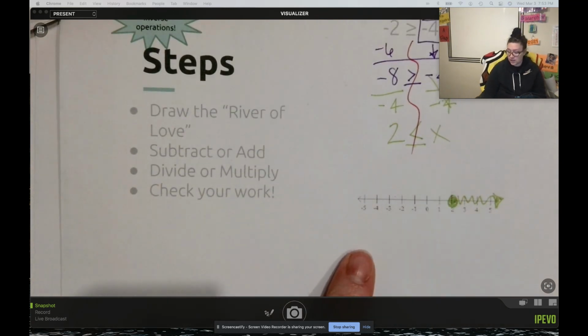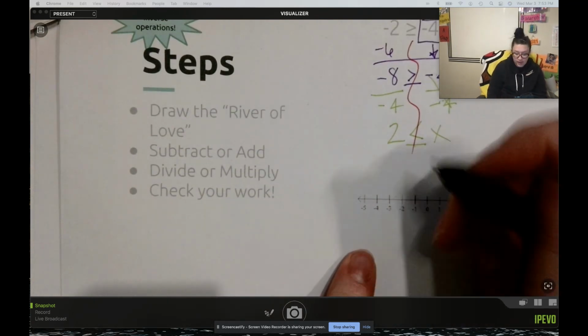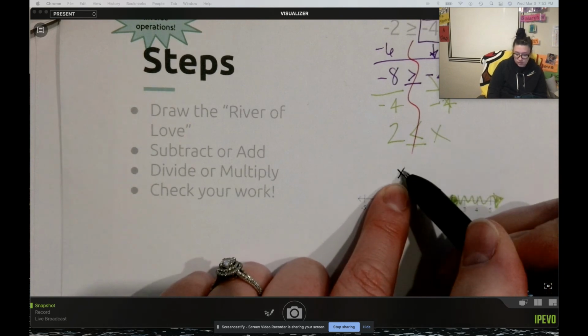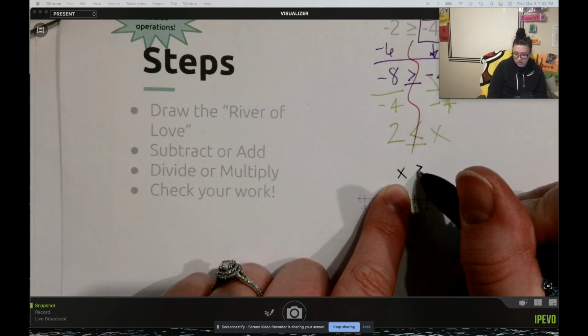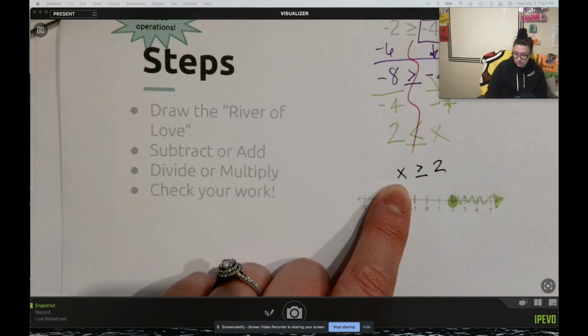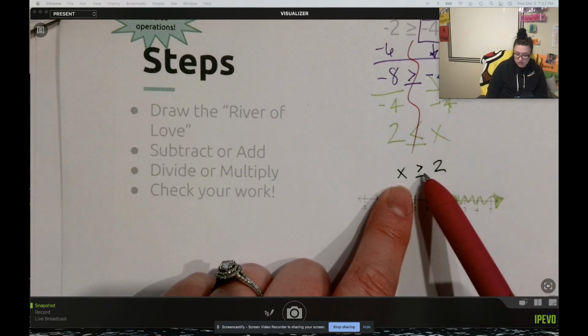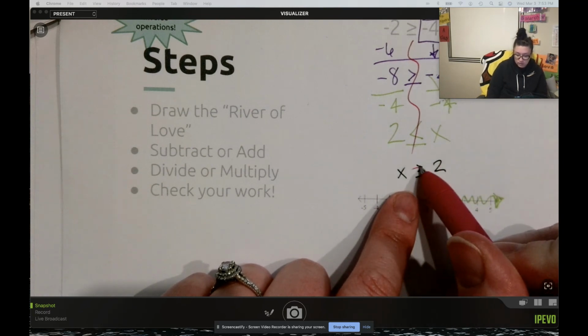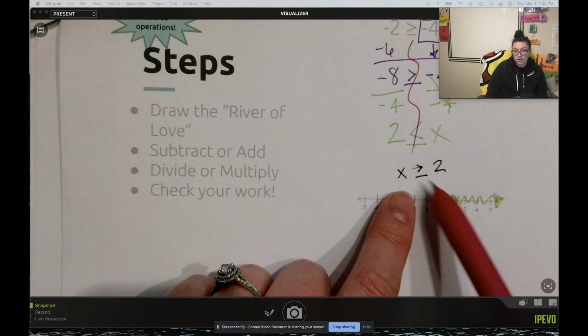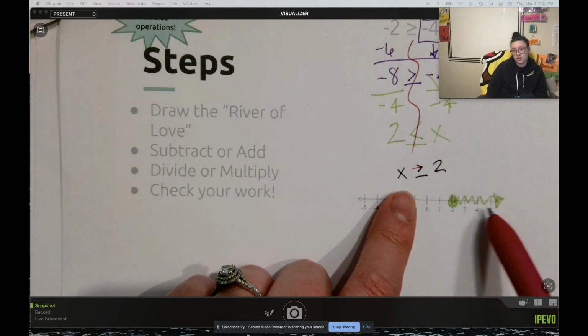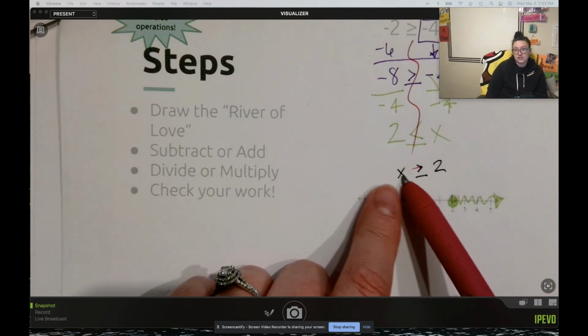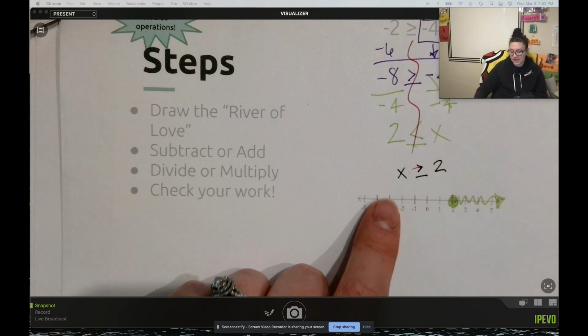So for example, here, if I want to rewrite it so x comes first, x switches sides, so I need to switch the sign too. So here I see x is greater than or equal to 2, and I draw my arrow so I know what way to shade. That only works if x is first, so you might need to flip signs.